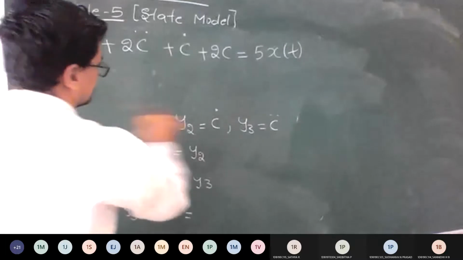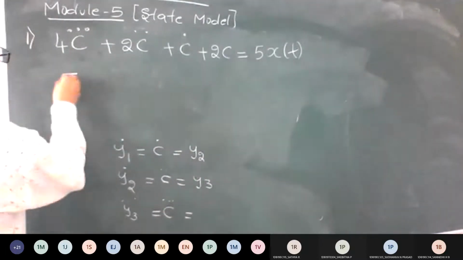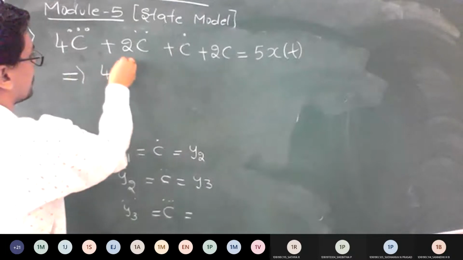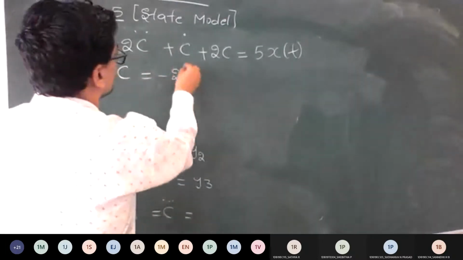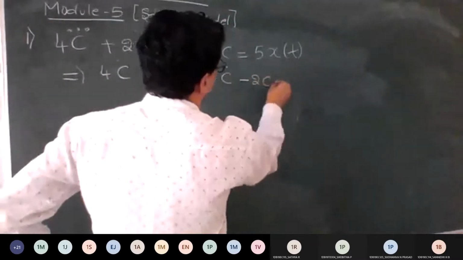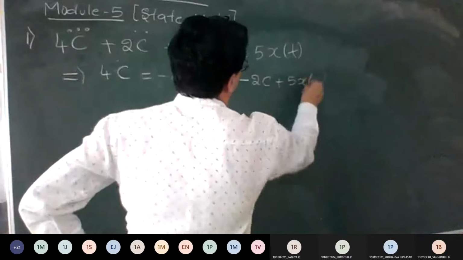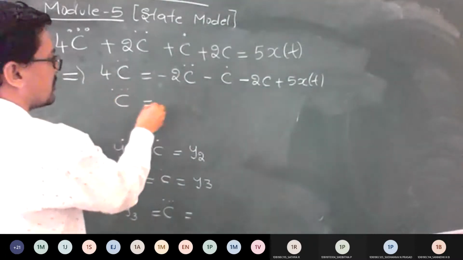So let's analyze that. I want c triple dot, let me keep 4 as it is: 4c triple dot equals minus 2c double dot minus c single dot minus 2c plus 5x of t. From here I want only the triple dot, right?